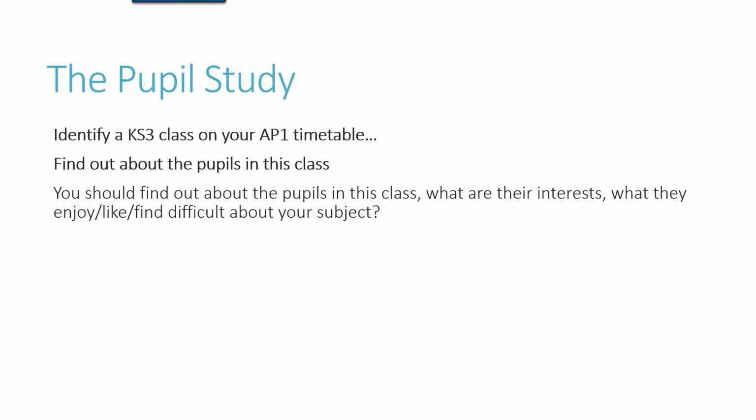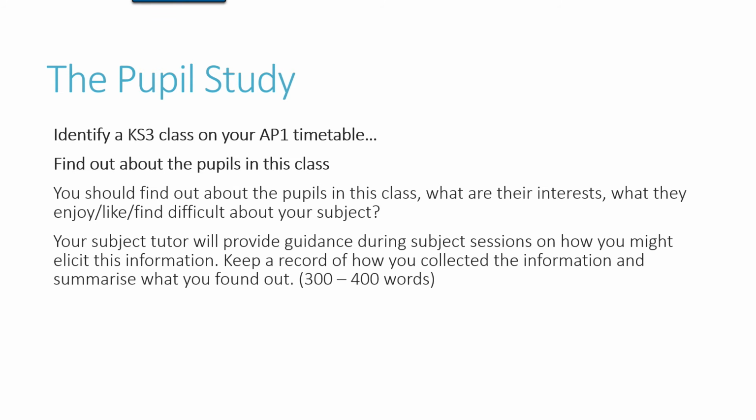You should find out about pupils in this class and what their interests are, what they like, enjoy, and find difficult about your subject. Your subject tutor will provide you guidance during subject sessions on how you might elicit this information. So keep a record of how you collected the information and summarize what you found out, 300 to 400 words.